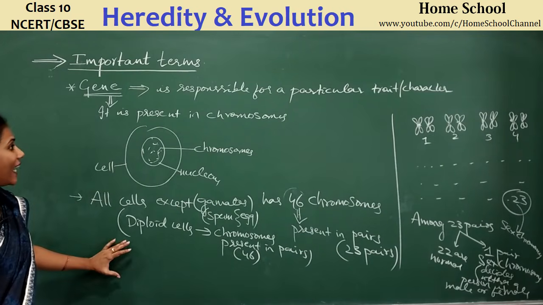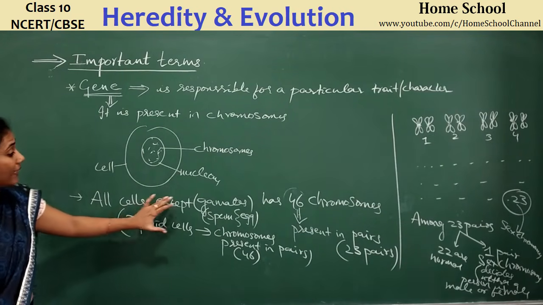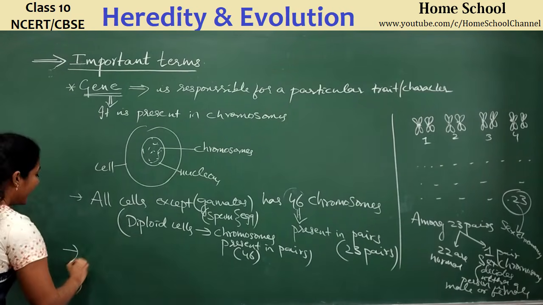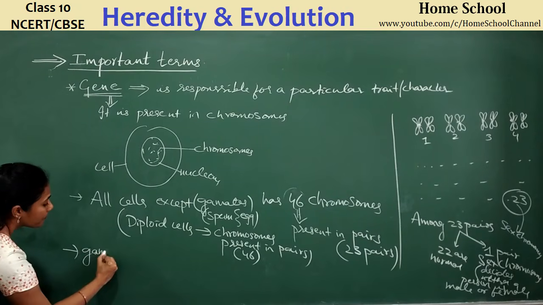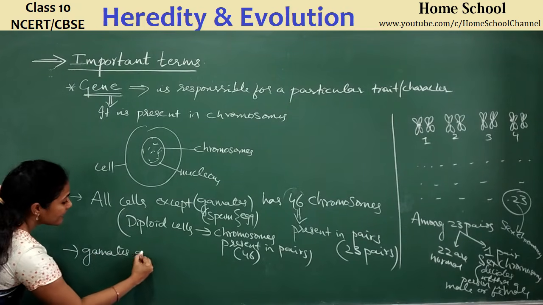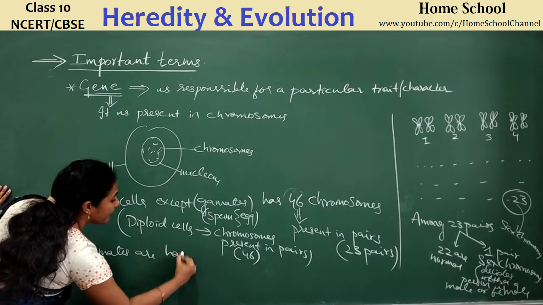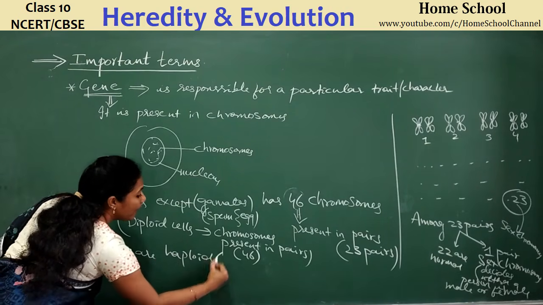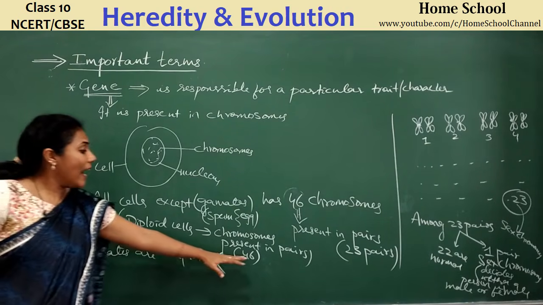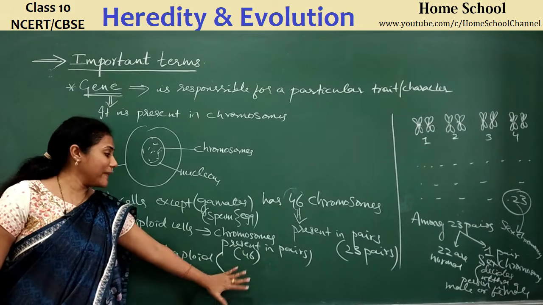Whereas the gametes are haploid. Haploid in the sense that only half of the chromosomes are present.